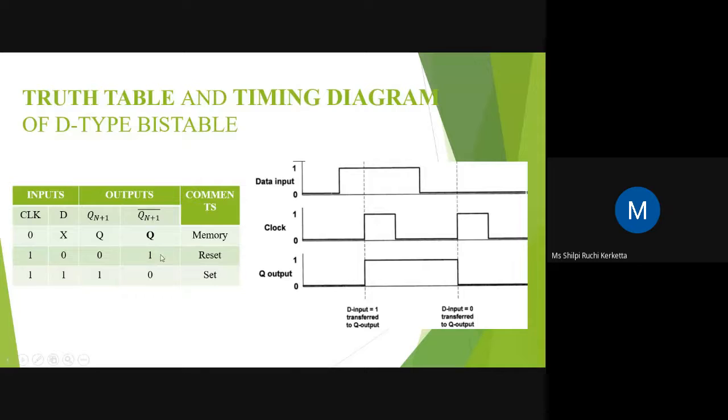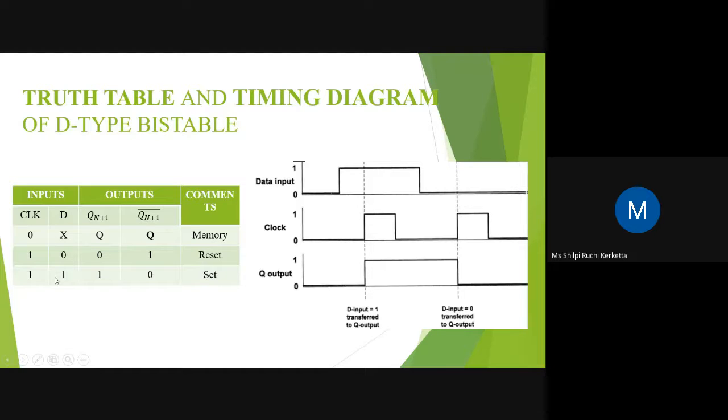The truth table and a timing diagram. So here we are only giving clock as 0, so it is not changing. So that is a memory state. Here only clock 1 will work, and here we are not putting S and S bar. We are only giving 0 and 1. For 0, S becomes 0 and R becomes 1, so the output Q is 0. That's why we call it reset.